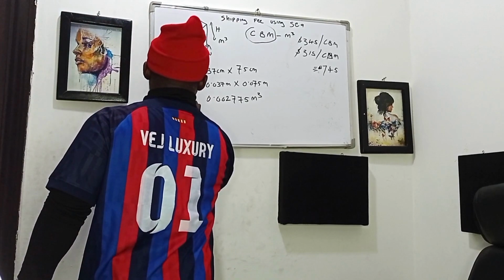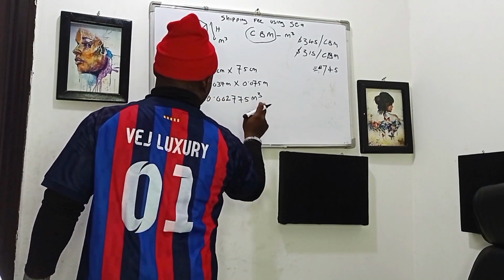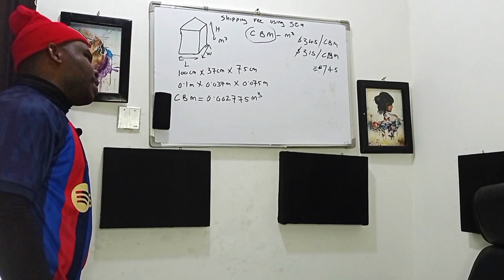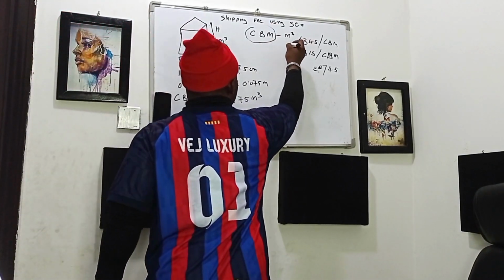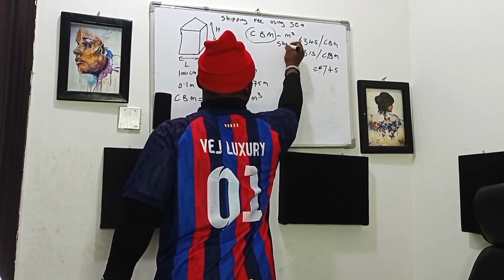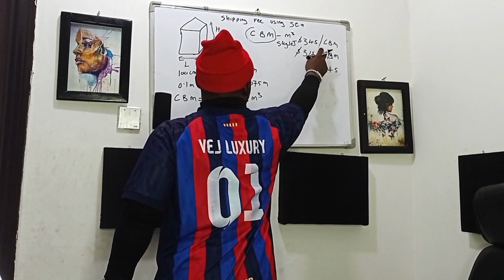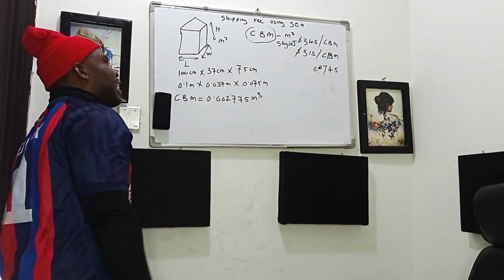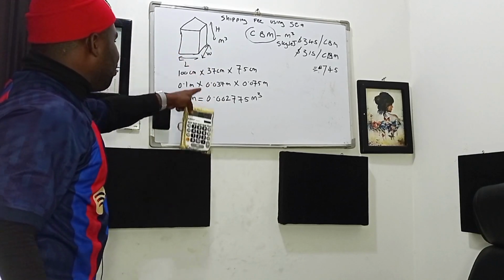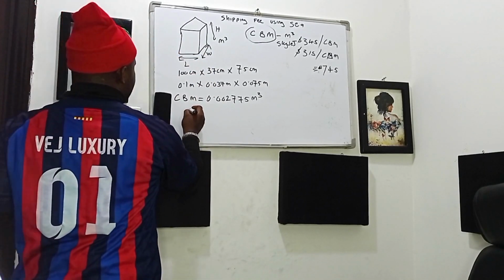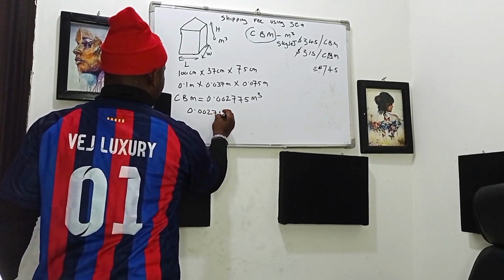The CBM is 0.00277 meter cube. Now remember, I told you that for this particular company, let's say this is Skyjet, they charge $345 per CBM. So for this particular item you bought, it is 0.00275.